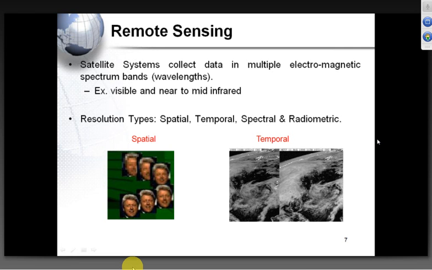Temporal means time based. Means it is the measure of how frequently the data is obtained from the same particular area. That comes under temporal resolution. As you can see here, this data and this data, they are taken at a different time.